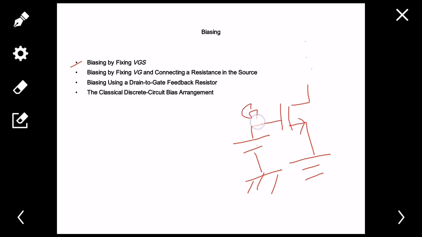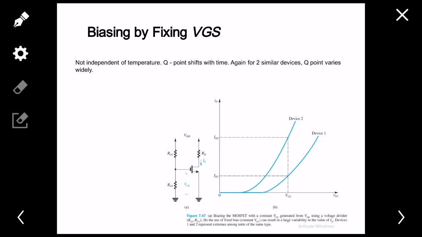So you can easily see that the gate to source voltage is fixed, but it has some very crucial problems with it. Let me show you guys. This is the circuit, you can see that. The gate to source voltage is fixed. Now what happens, consider an extreme case, when you have two different MOSFETs of the same batch.